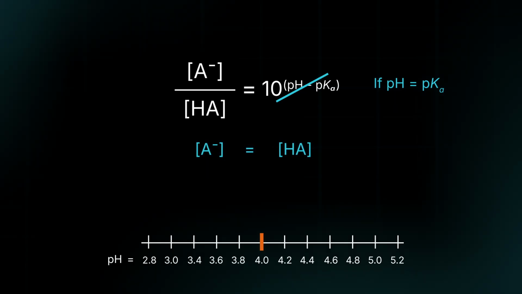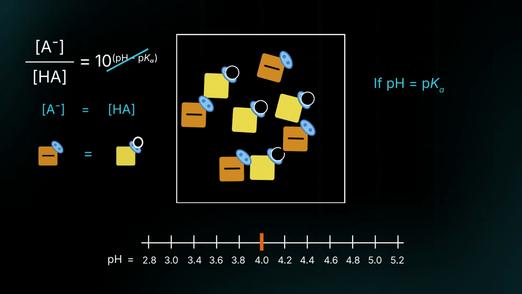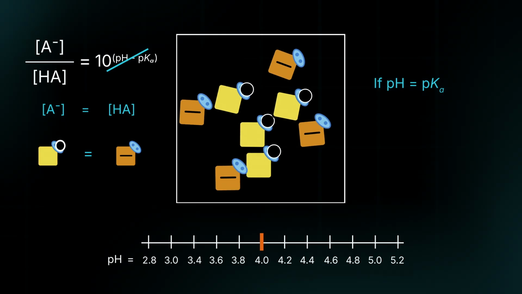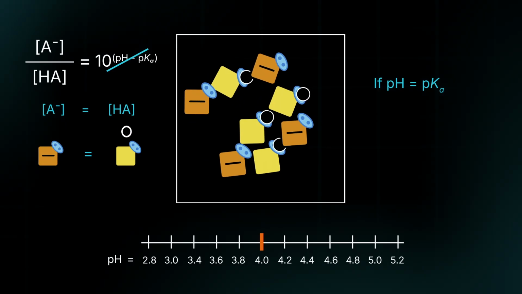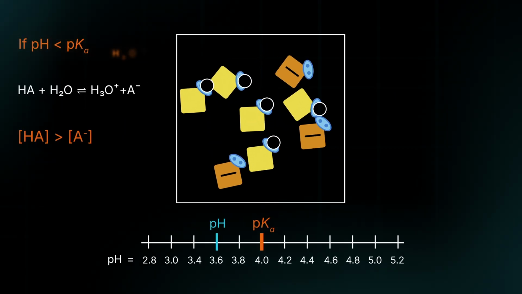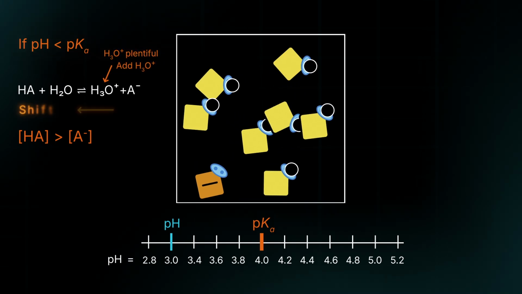This means that when we put a molecule into a solution where the pH matches its pKa, it can't make up its mind. Half the time it keeps its protons, and half the time it lets them go. If the pH is more acidic than the pKa, protons are more abundant, and the molecule favors the conjugate acid form.